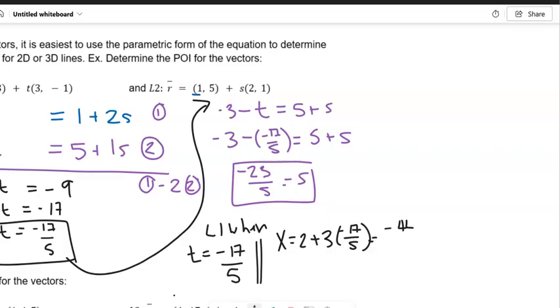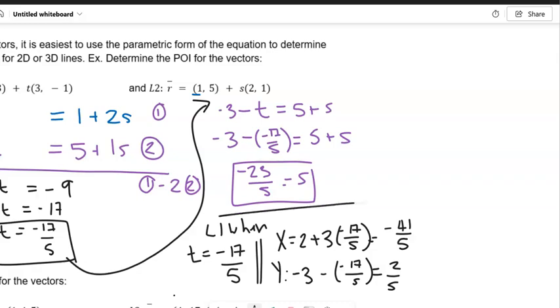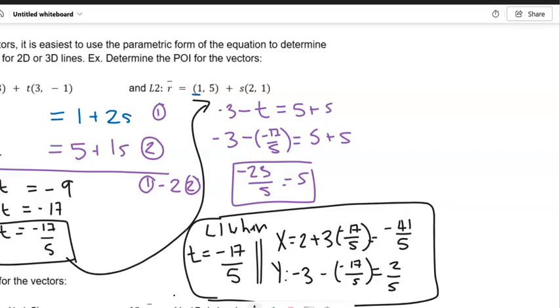I get -41 over 5. And the y starts at -3 and just moves once, -17 over 5. Put that in my calculator and I get 2 over 5. So line 1 is hitting this point, -41 over 5, 2 over 5.